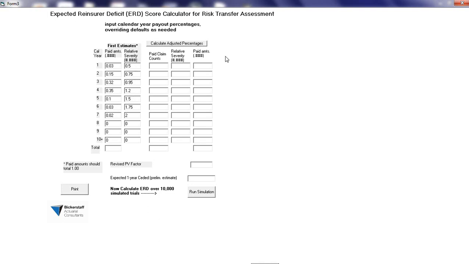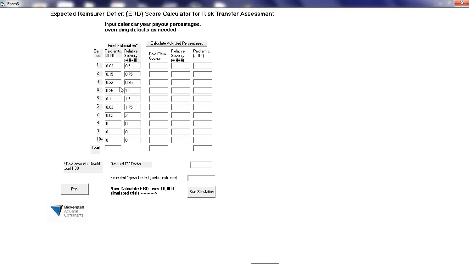And what we did in the first part was we assumed that the average indemnity would be $200,000 at the $1 million limit for the entire year, but for the first year we use 50% of that, 100,000, and then 150,000 for the year 2, and so forth.